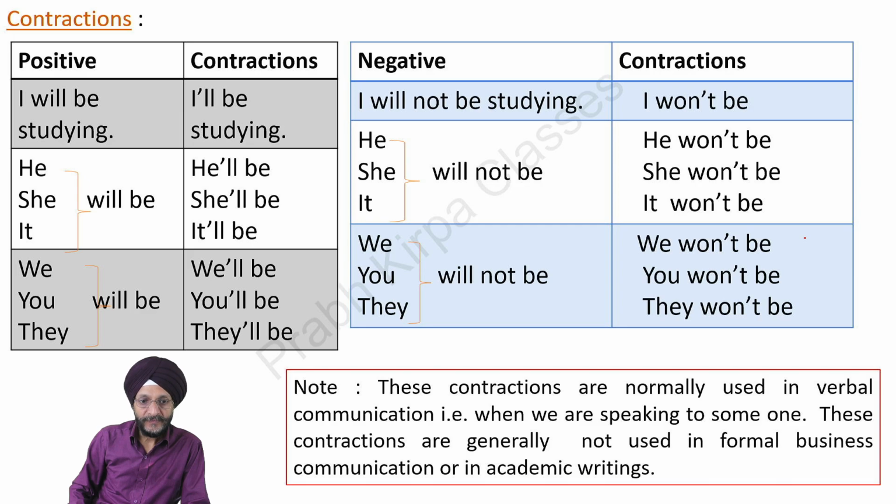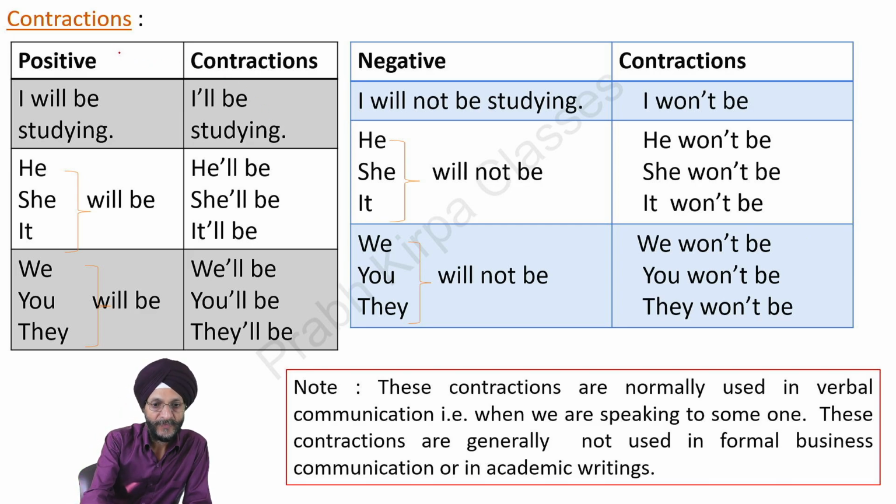Next, we can also use certain contractions in future continuous. For example, I will be becomes I'll be. He will be becomes he'll be. In this case, we have removed I plus W. That is, we have removed these two words.